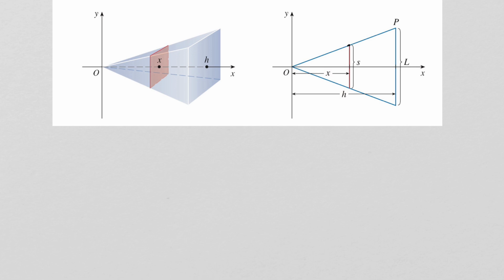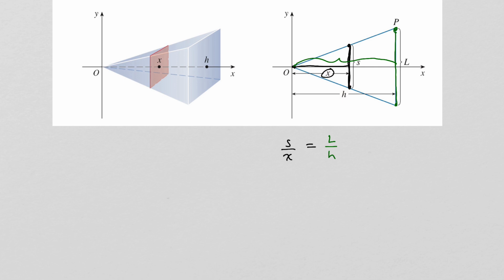The length from here to here, which is s, compares to the length from here to here, which is x, the same way that the length from here to here, which is L, compares to the length from here to here, which is h, the height of the pyramid.